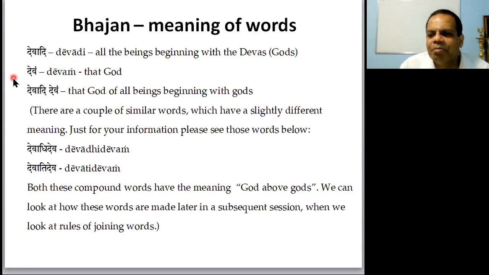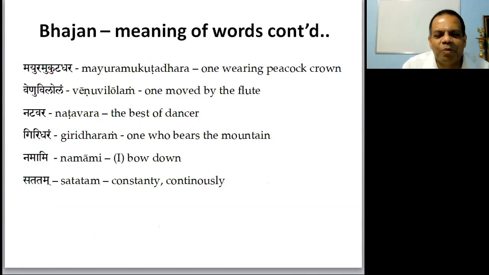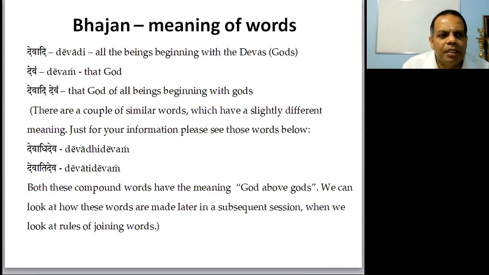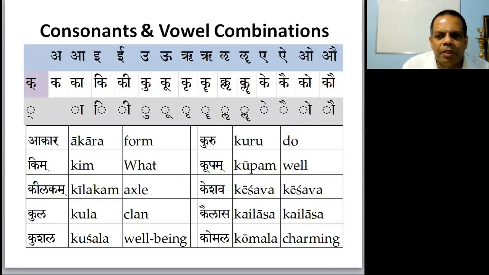Yes, Sister Aparna, please. Sairam, the word Kailasa. So it's not Kailasha, right? Yes, some people say Kailasha. I can comment on that. The Sanskrit word is Kailasa.